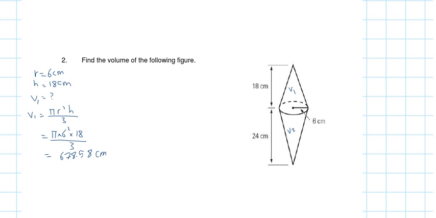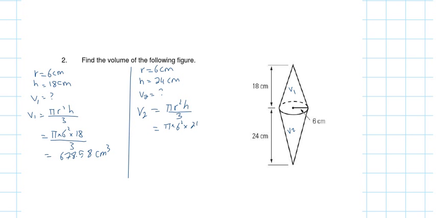For the second volume, the radius is still the same. It's still 6 centimeters. The height is 24. And I'm looking for V2. And the answer is going to be 904.78.